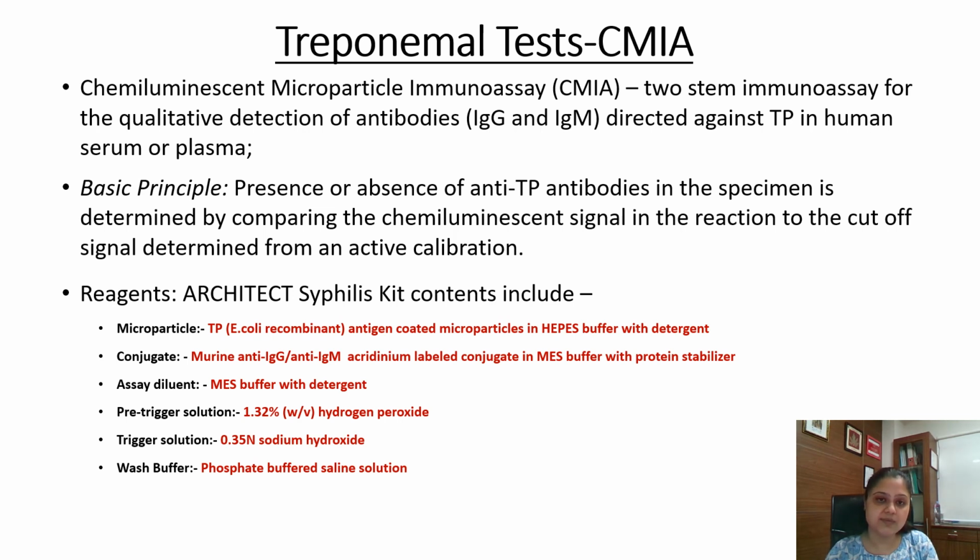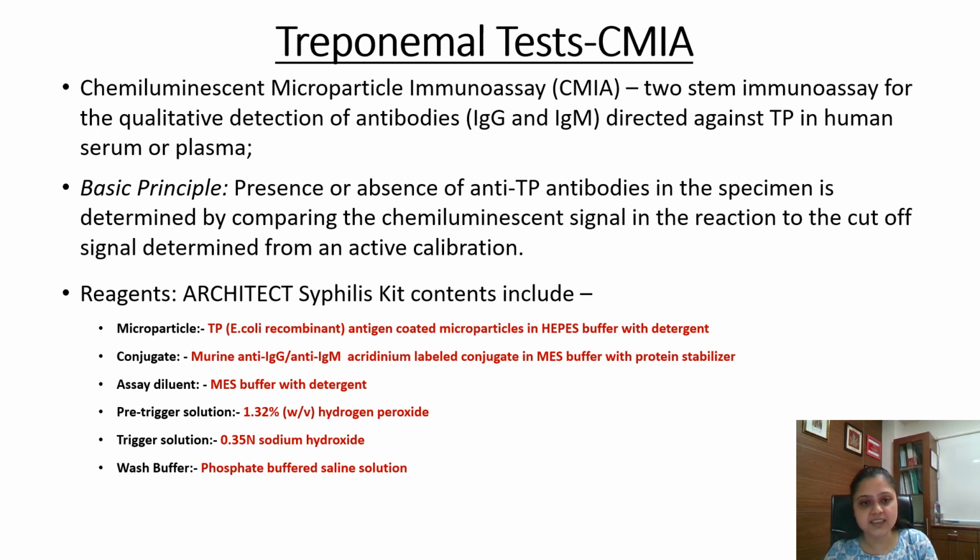The basic principle is that the presence or absence of anti-TP antibodies in the specimen is determined by comparing the chemiluminescent signal generated in this reaction to the cutoff signal determined from an active calibration.